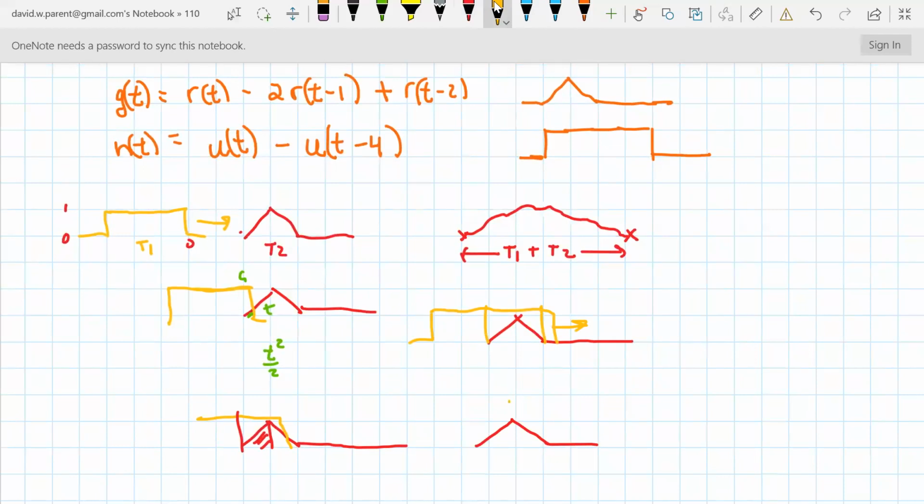Then as the tail end starts to leave, first it's overlapped all, then it starts leaving, and so then it's changing. And so really it's just symmetric. So it's going to go up, it's going to come down.